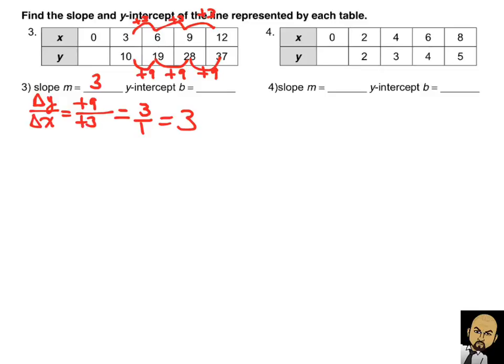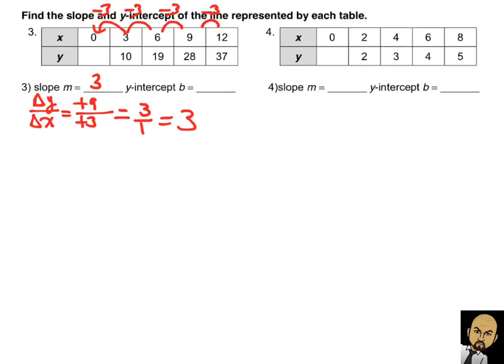Now our y-intercept is a little bit tricky here, so I'm going to go ahead and erase that, and we have to figure out what the y value is going to be when x equals 0. Now if you remember, proportional relationships have an initial value of 0, 0. This is a non-proportional relationship, so the y value when x is 0 is not going to be 0. So we have to use a method to count downward. As you look on the x values, as you go down, you are subtracting 3.